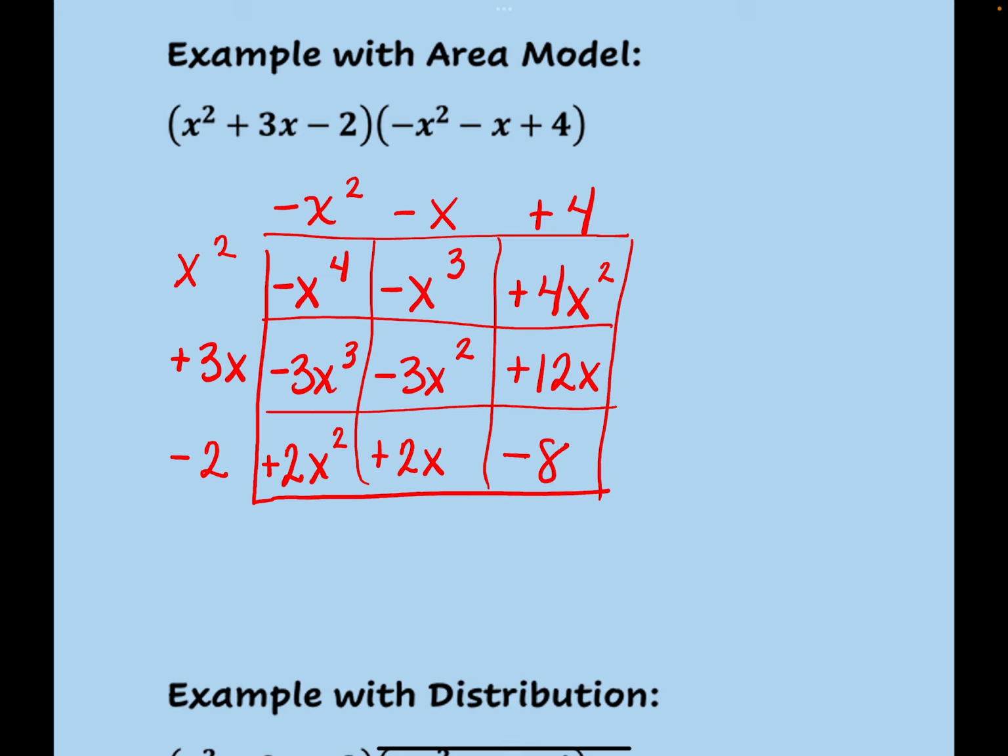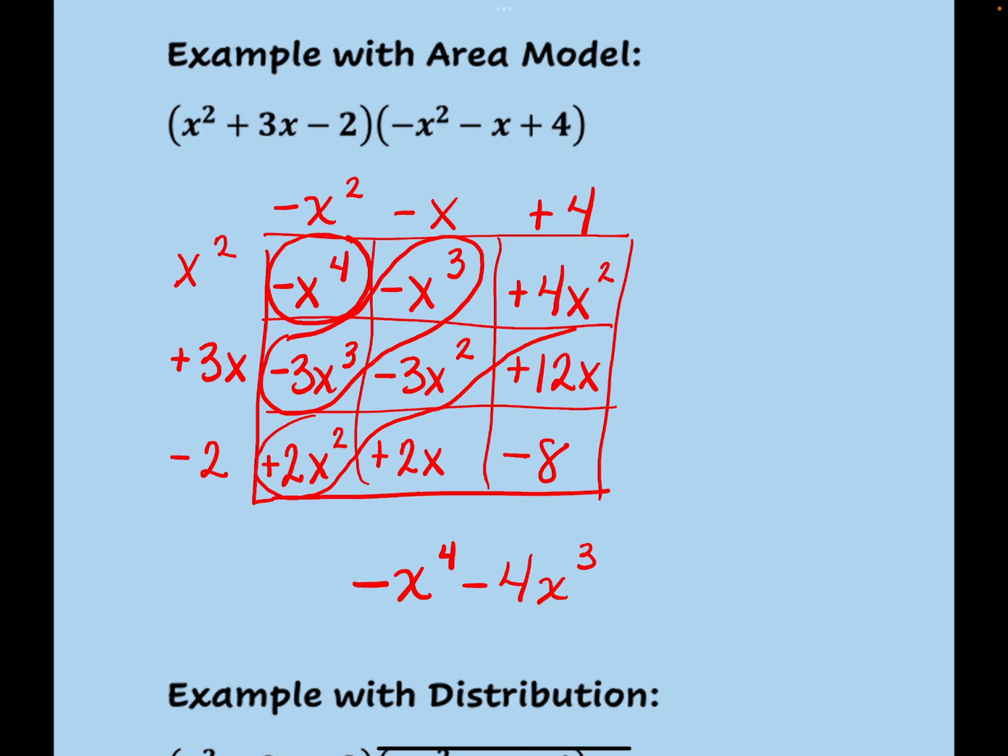Okay, so I'm going to go ahead and look at just the ones that have x to the fourth. That's going to be in that top left corner. So I have negative x to the fourth. Then the ones that have x to the third, I have negative 3 and negative 1. That gives me negative 4x to the third. Now doing my x squareds, I have positive 2, negative 3, and positive 4.